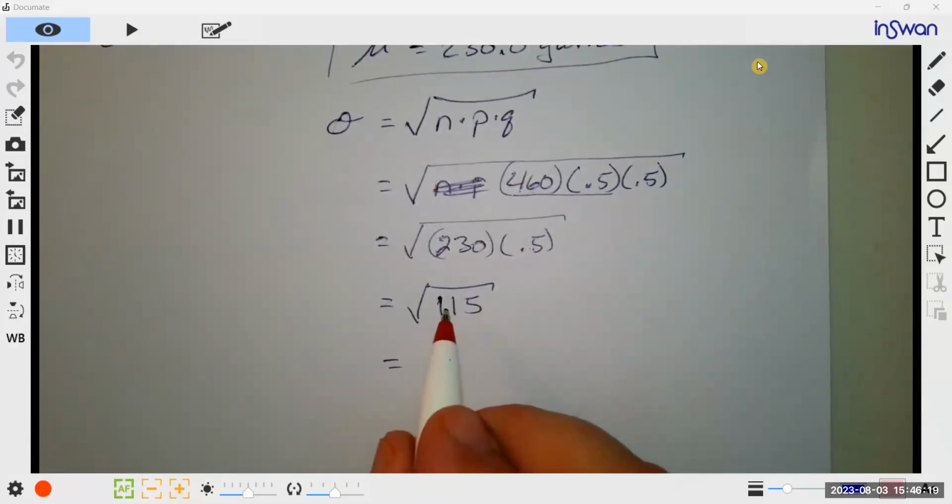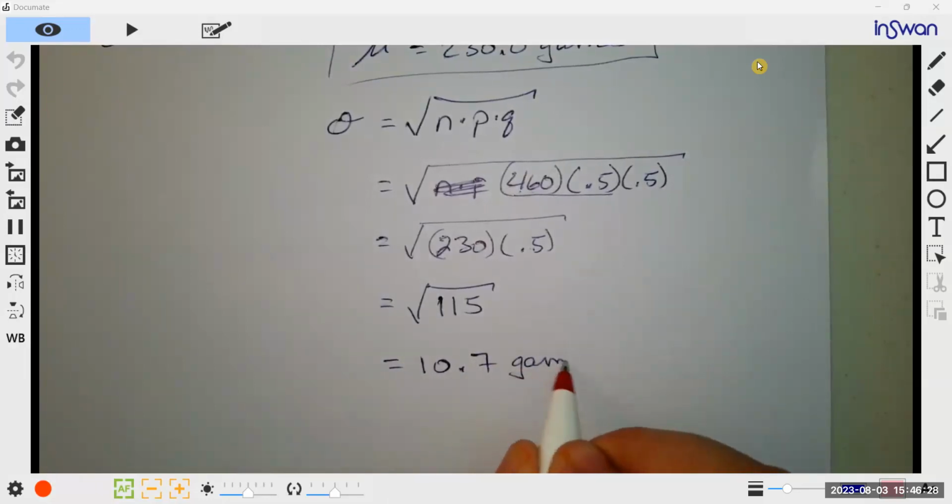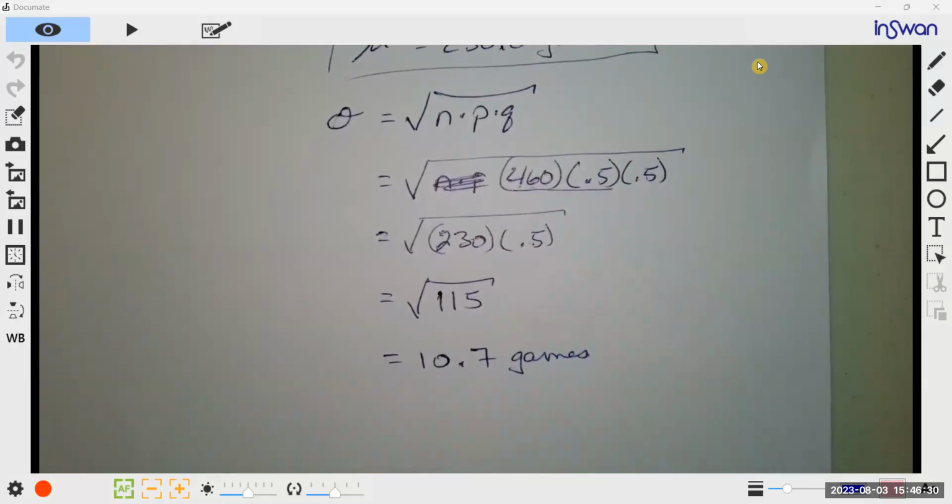So the square root of 115, just a little bit bigger than 100, so it's 10 point something, 10.7. So the standard deviation is that.